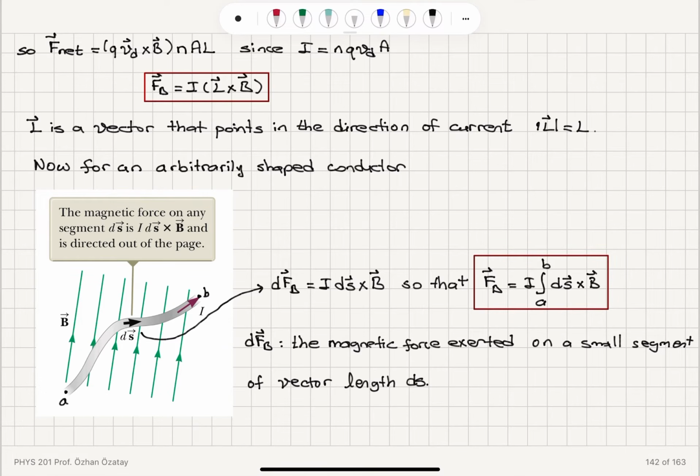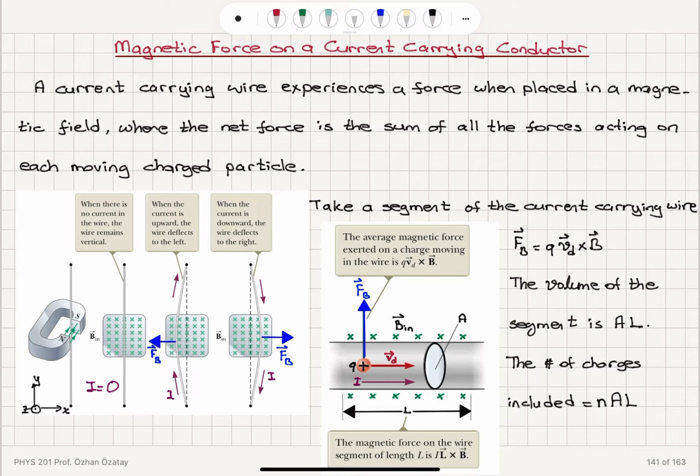So we have talked about the magnetic force acting on a current-carrying conductor.